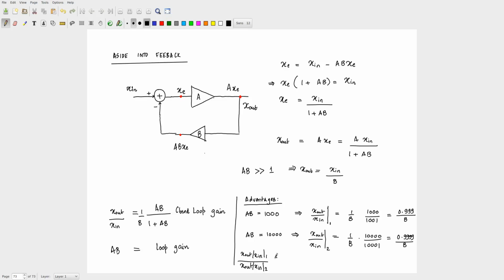That will be how much? It will be 0.999 divided by 0.9999. Work it out in terms of the other numbers: 0.999 is 1000 by 1001, and this is 10,000 by 10,001.